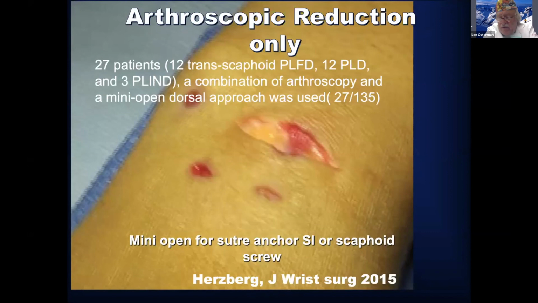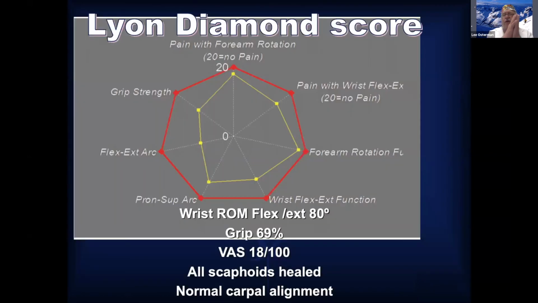Finally, Guillaume Hertzberg, who's a French surgeon, took a kind of mixed bag of 135 perilunates and transcaphoid perilunates that he saw. 27 were approached essentially with a very limited approach arthroscopically. When they were opened, it was to put a screw in the scaphoid, essentially, or sometimes a small little mini suture anchor.